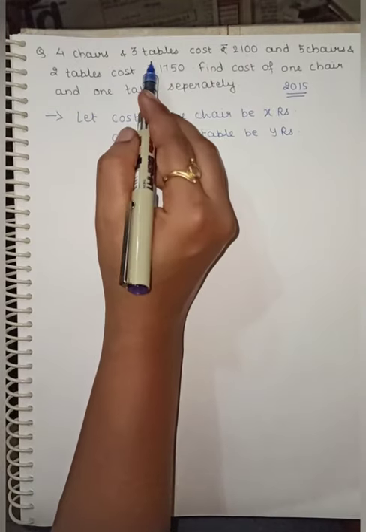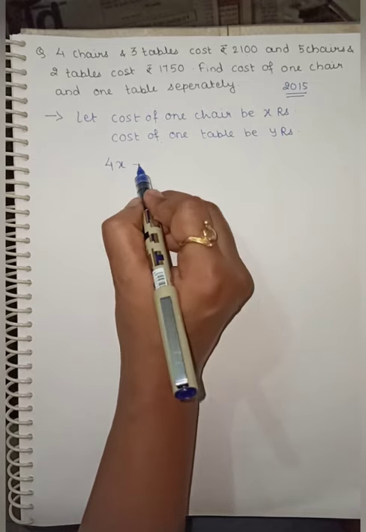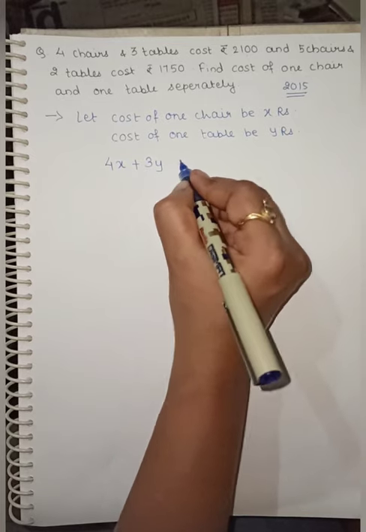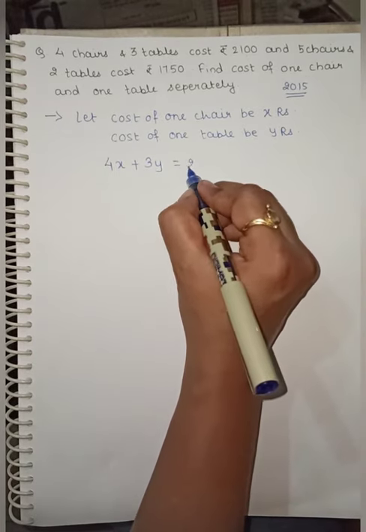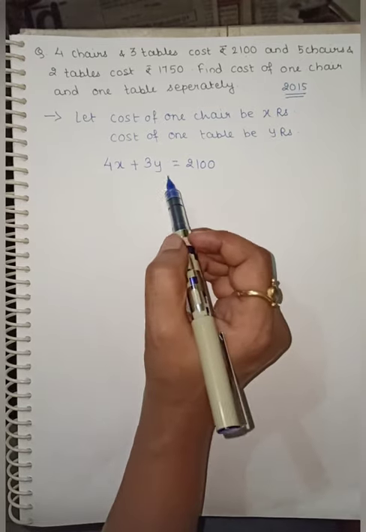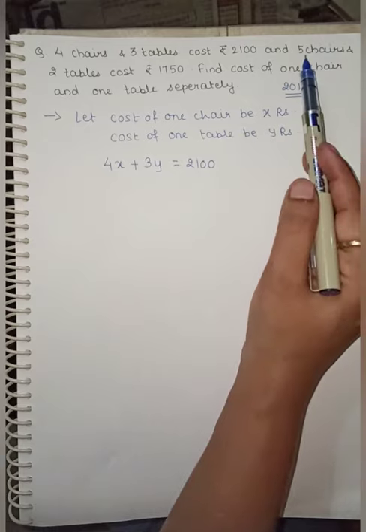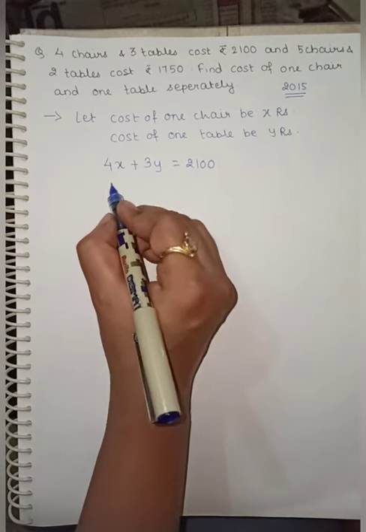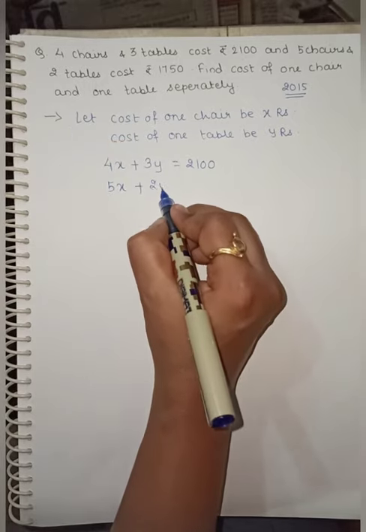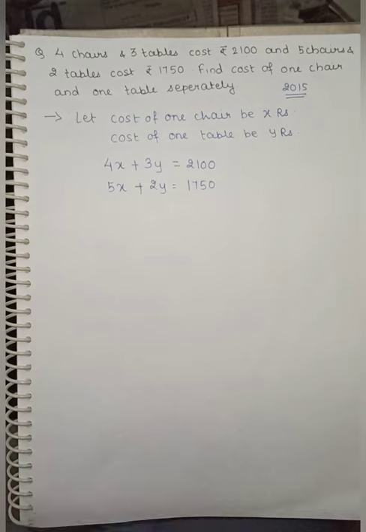Now by first condition, 4 chairs, therefore 4 into x plus 3 tables is costing 2100. Yes, we have just multiplied it, and since this is the total cost, definitely I have to add them. Second condition, 5 chairs, so 5x plus 2 tables, it costs me 1750.